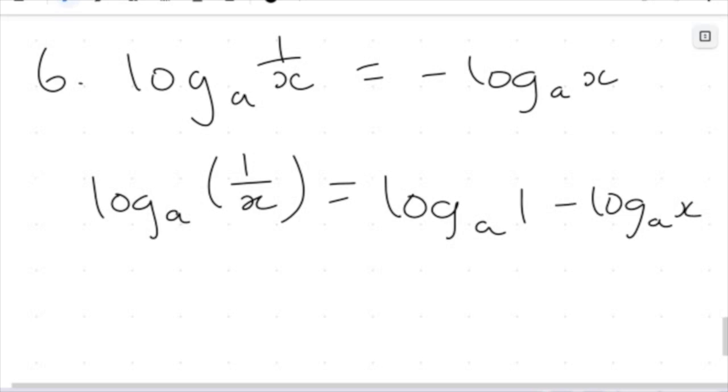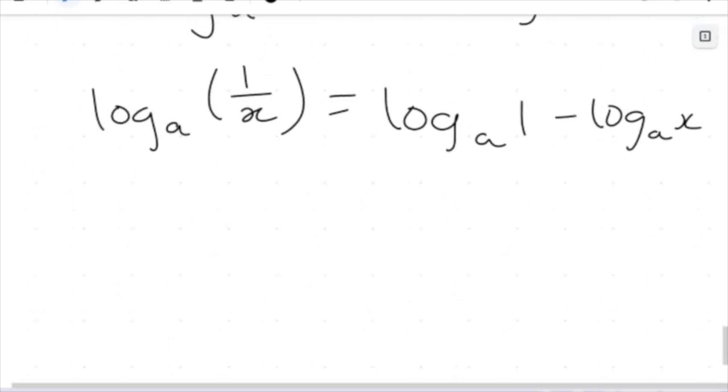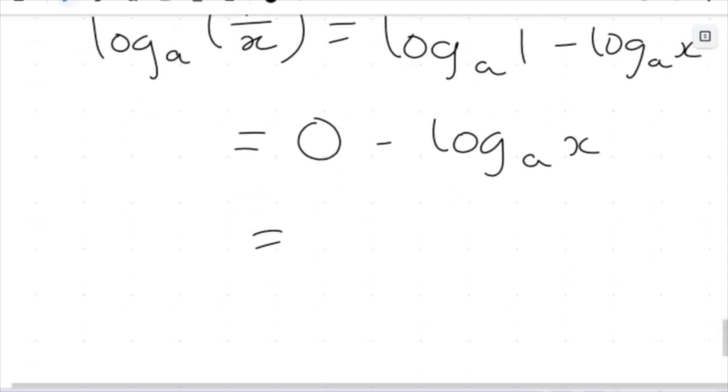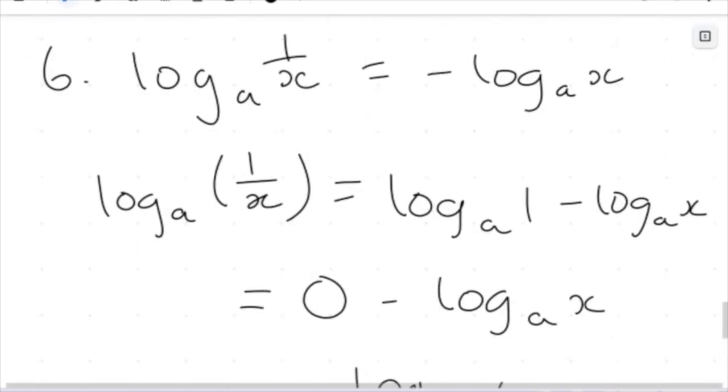So there is just another way to write this. Now, based on what we talked about previously, when we have log to the base a of 1, we just think of this as 0. So this thing on the left hand side is the same as 0 minus log to the base a of x, and that just gives me negative log to the base a of x. So this is the first way to do this.